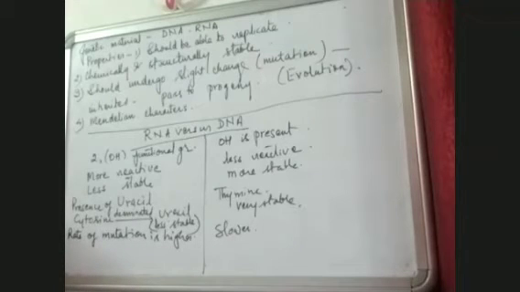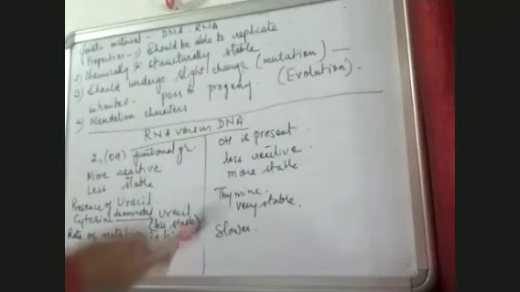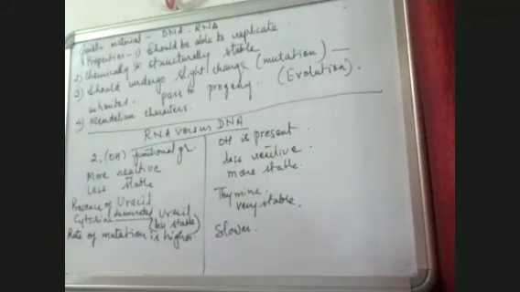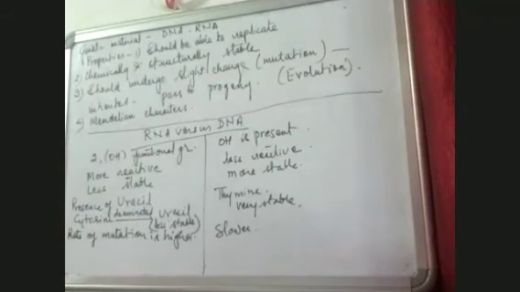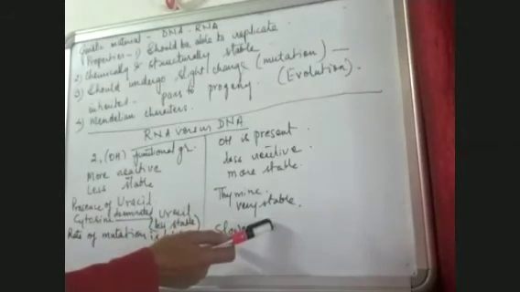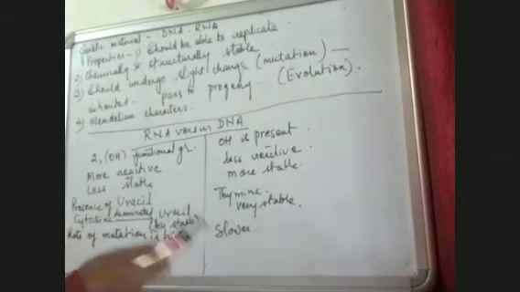This is another feature. If you see in all the points, it is DNA which is more stable, it is DNA which is less reactive, it is DNA which evolves slower. So if we consider less reactivity and stability, DNA is better than RNA.